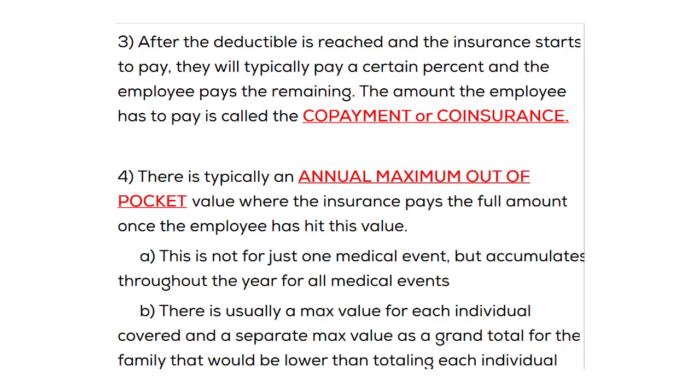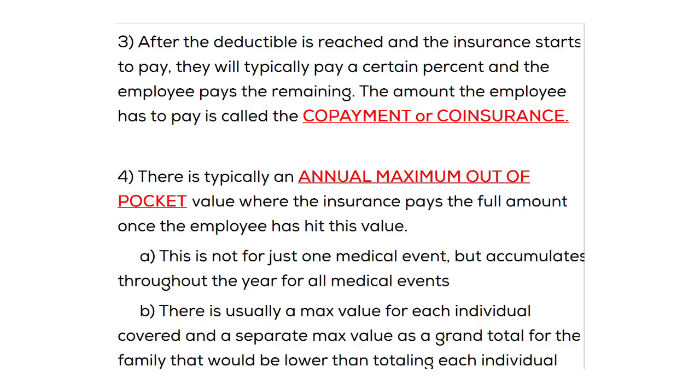Oftentimes with car insurance, once you pay that deductible, now they pay the rest. But in health insurance, they'll start paying, but they'll pay a certain percent, and then the employee pays the other percent. So the amount that the employee has to pay is called the co-payment, or the co-insurance.